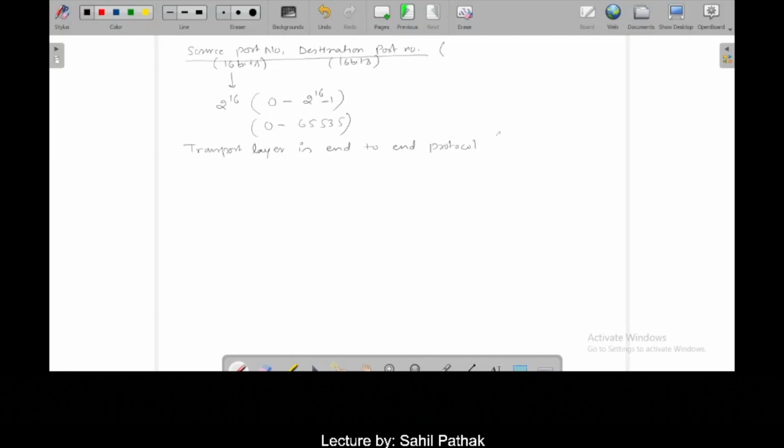Okay, so as we know that transport layer is an end-to-end protocol, and by end to end we mean process to process. So let's say at any host we have some message, there are multiple processes running, these are nothing but the processes, this is the host, let's say this is the message. So in order to identify the process we need port number.